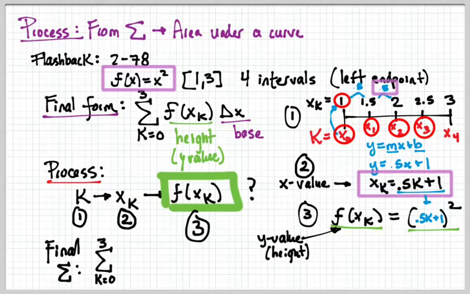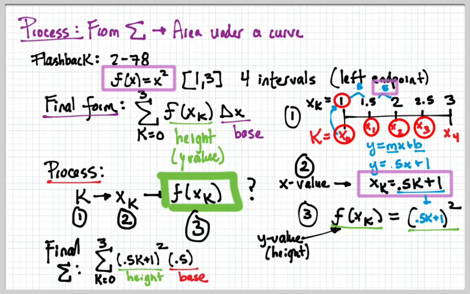And then my f of x of k is 0.5k plus 1 squared. That's my height. And my base is 0.5. It stays the same. So I have my height, and then I have my base.